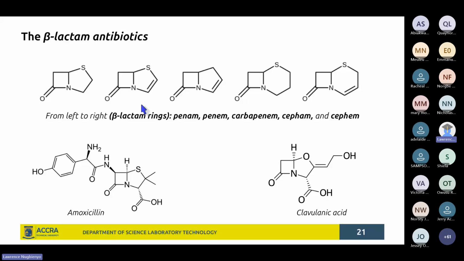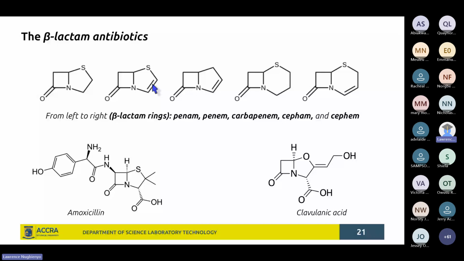They look alike. And so if you look, you have different forms of these beta-lactam rings from left to right. You have what is referred to as a penam, and then you have penem. The difference between penam and penem is just that there's a double bond in penem here, which is not found in penam.